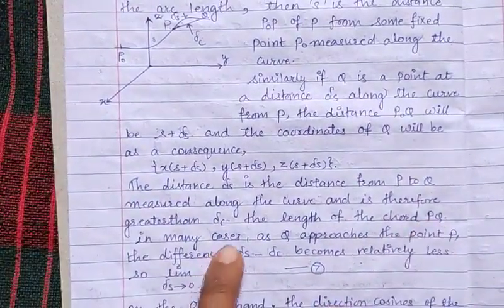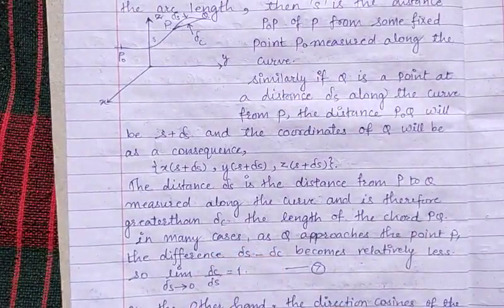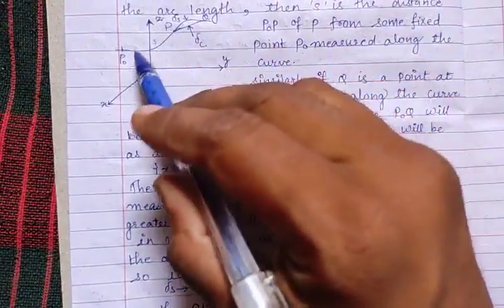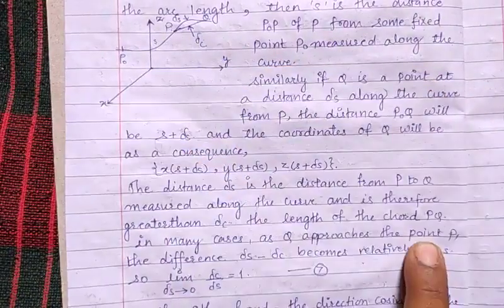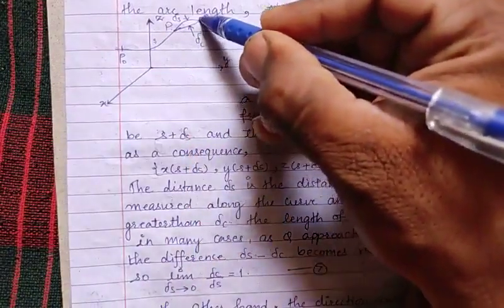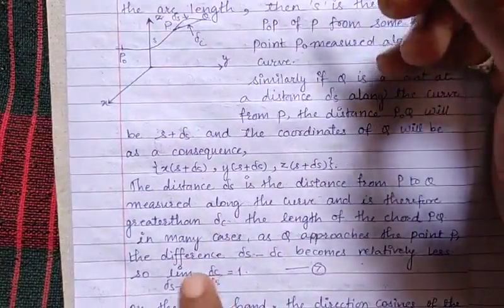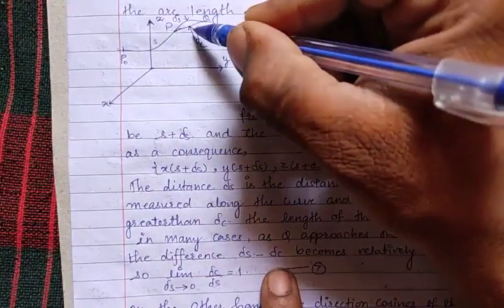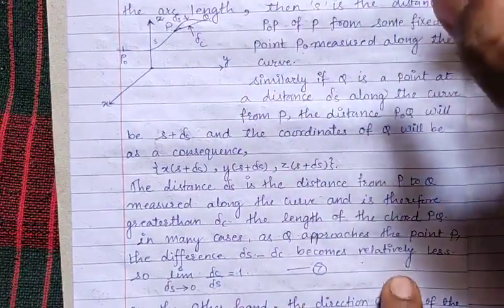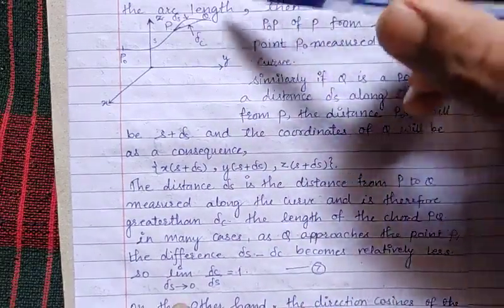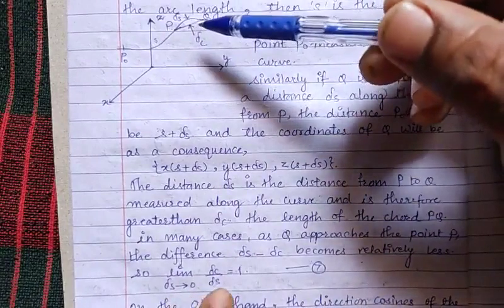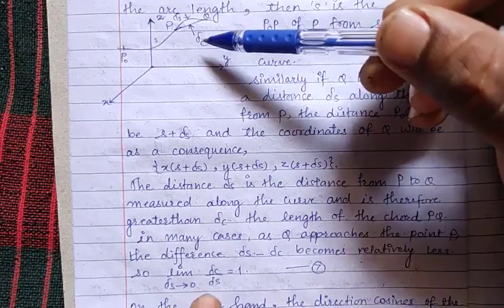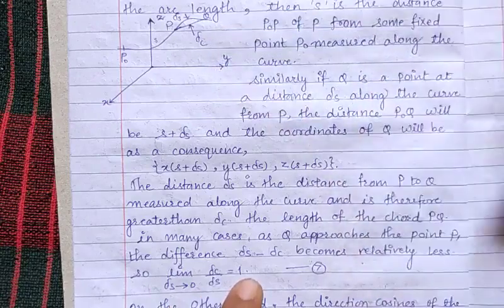As q approaches the point p, the difference delta s minus delta c becomes relatively less. Then what we get is that the ratio of delta c upon delta s, in the limit delta s tends to 0, is equal to 1.